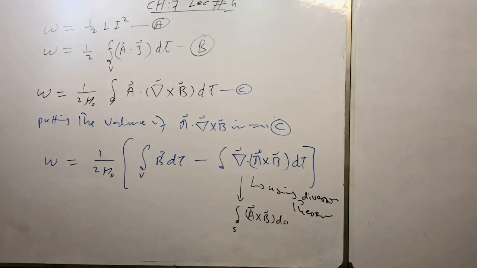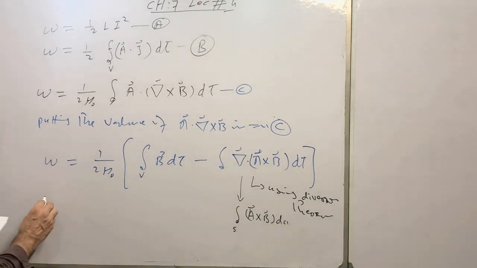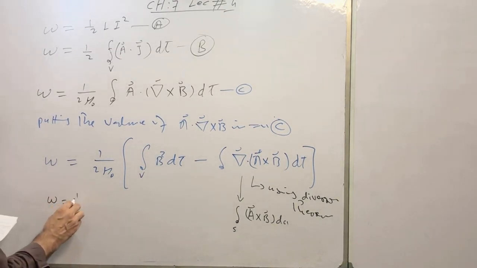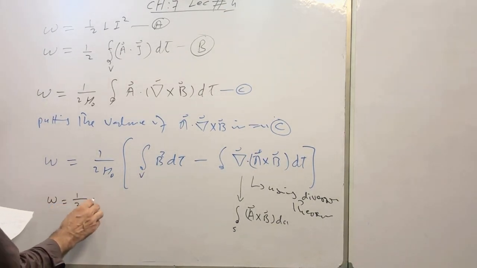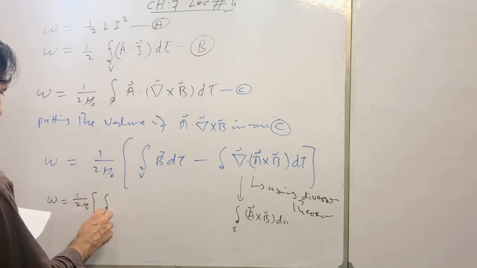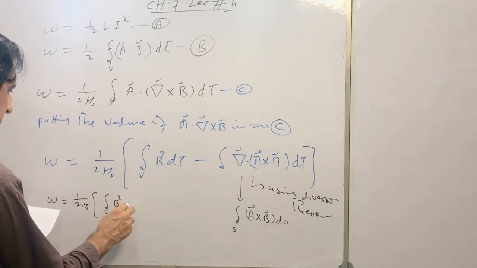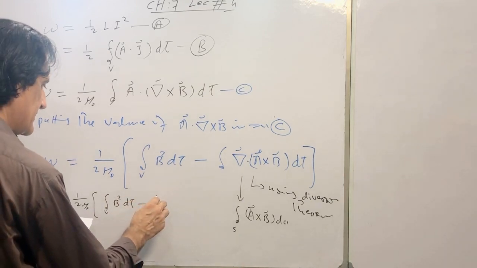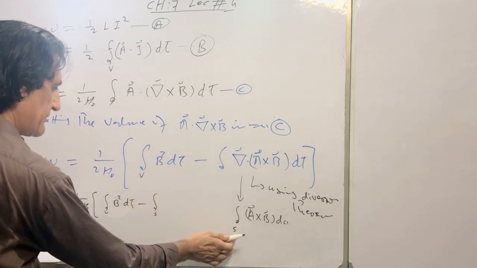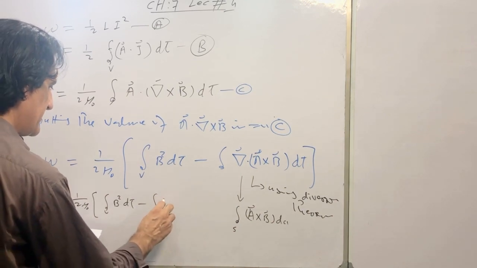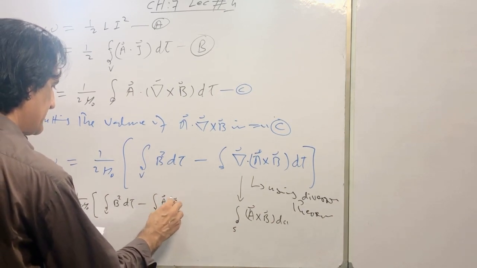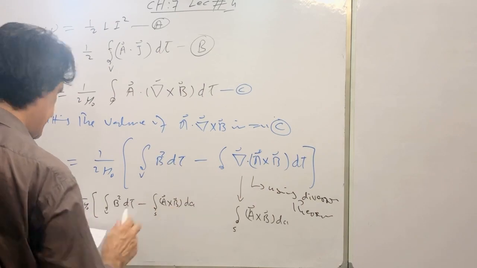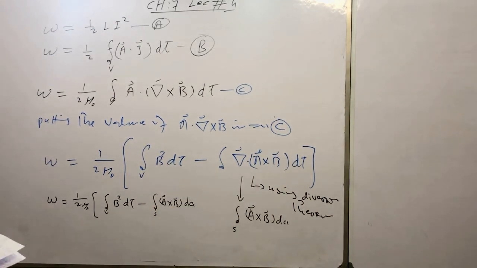So the final equation we have is 1 over 2 mu naught times the volume integral of B square d tau, minus the integral, which we have converted to a surface integral, A cross B dot dA.